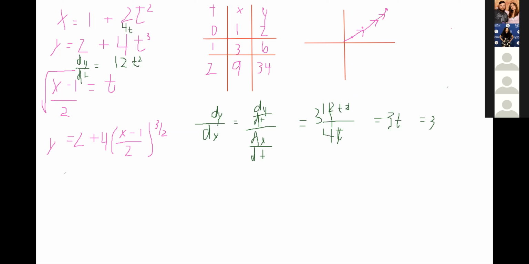Okay. So at t equals 1, we did this, x is 3 and y is 6. So y minus 6 equals 3 times x minus 3.